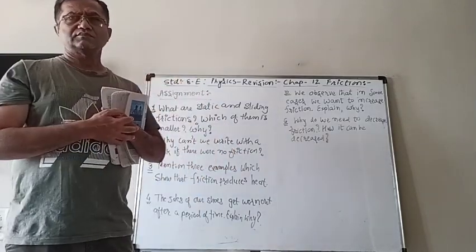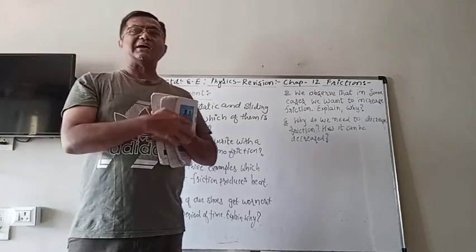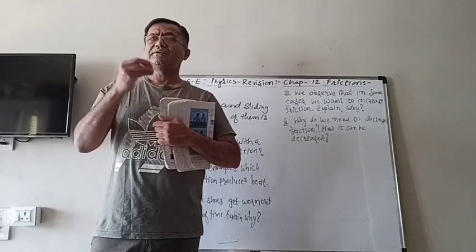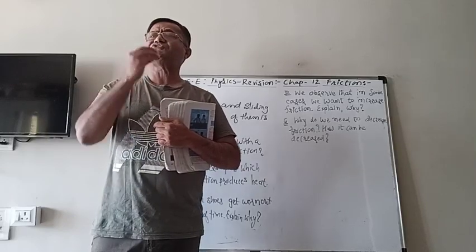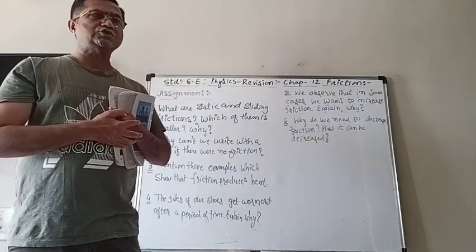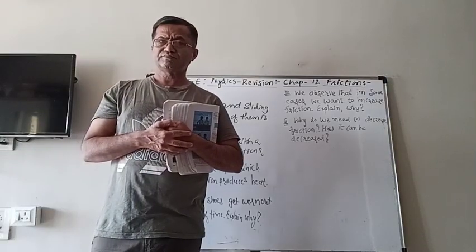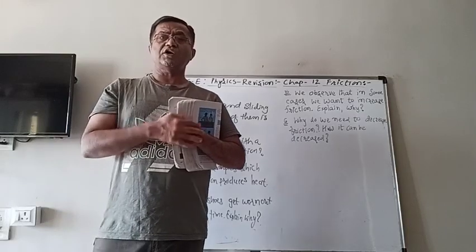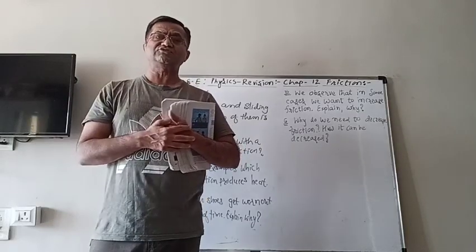But if the blackboard is very smooth, meaning very less friction, will you be able to write with the chalk? Try to write on a glass surface or a very smooth surface with the help of chalk.